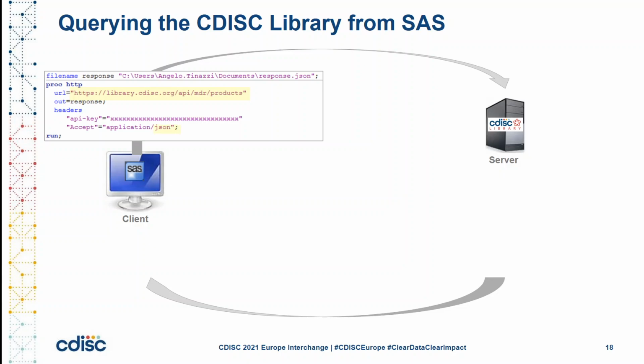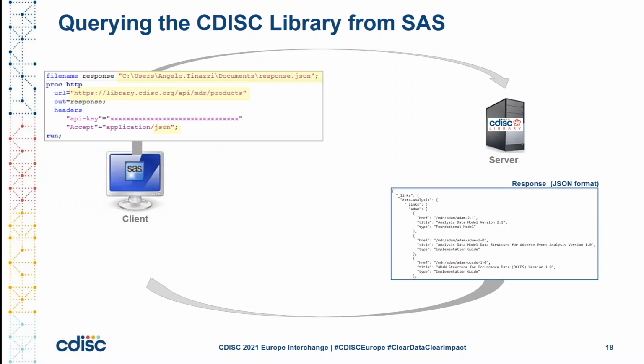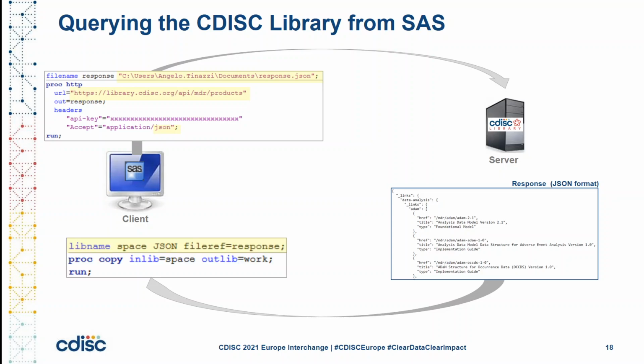We want to get an answer in JSON format, although I said it's the default. The request is then interpreted by the server, and a response is sent back to the SAS client in the format requested. But of course, we need to interpret the JSON format that is not native to SAS, and we can do that in SAS by using, among the different techniques, the JSON libname engine.